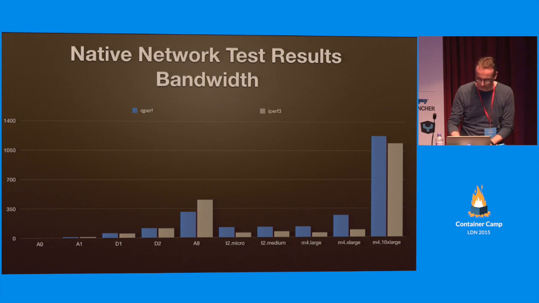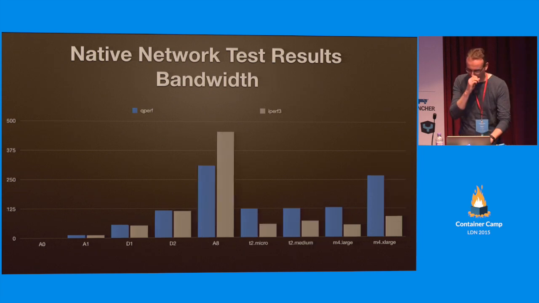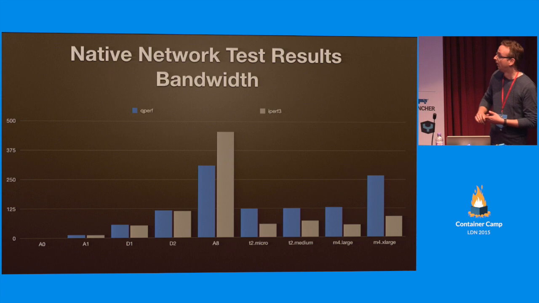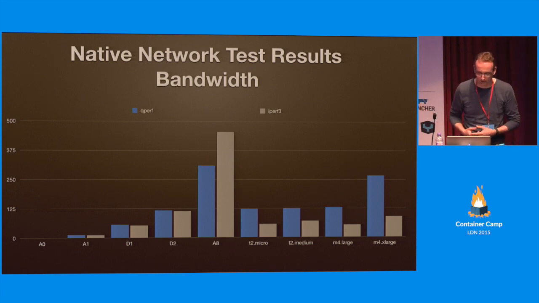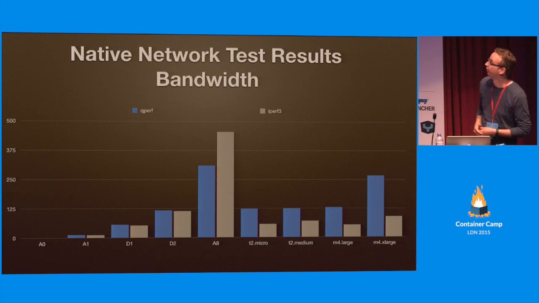Let's discard the highest value and zoom into the other results. Two things I noticed. The Azure machines more or less give the same results using kubeperf and iPerf.